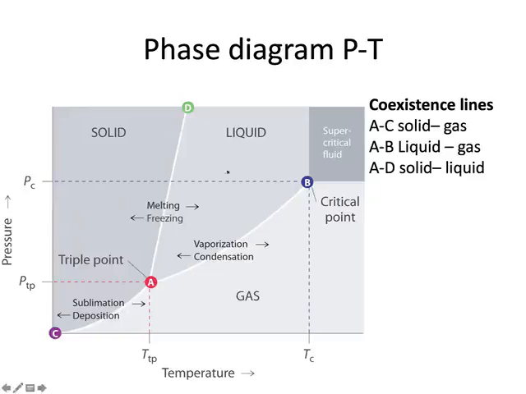Now, one thing that should be clear to you is that solid ice can have any temperature below the melting temperature here. At a given pressure, it can have any temperature.